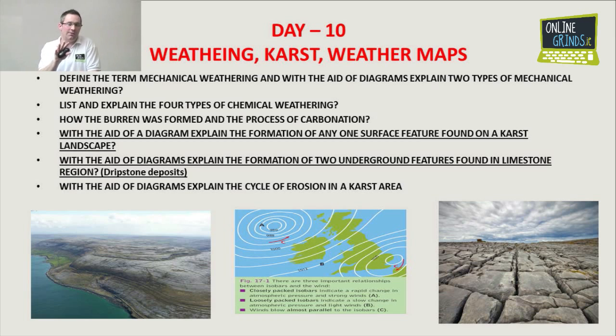The surface karst feature being the limestone pavement, the underground being the cave, or calling it dripstone deposits, depending on what the question asks. And again, just before that, you can see an understanding of the process of how the burren is formed, or limestone formation, and also the process of carbonation. And you bring those then into your explanation of your surface and underground feature.